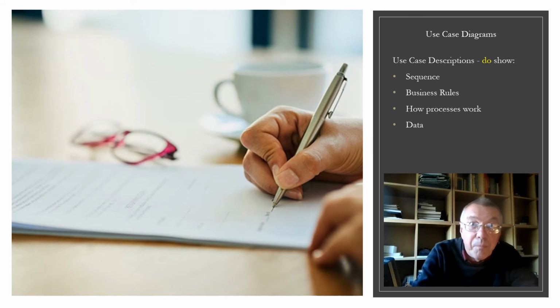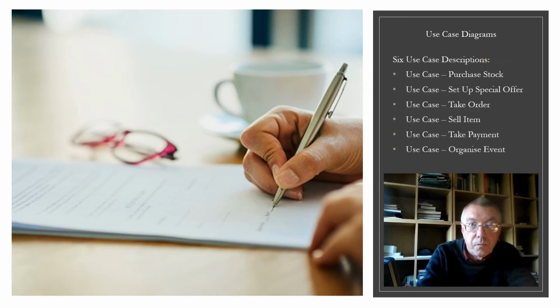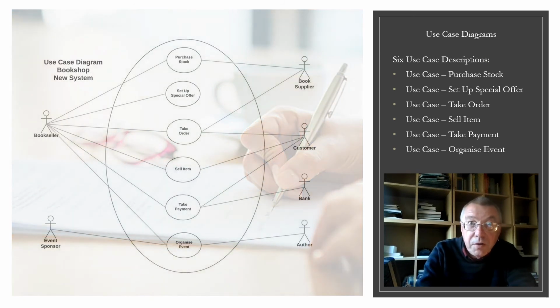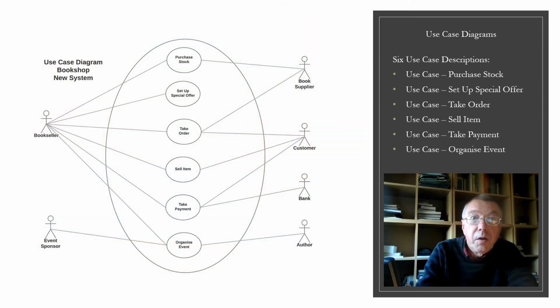That detail can be captured here through documents that are called use case descriptions. A use case description can show sequences and business rules and the detail as needed of how a business process works and some of the data that might be involved. You would produce one use case description for each of the use cases on the diagram.